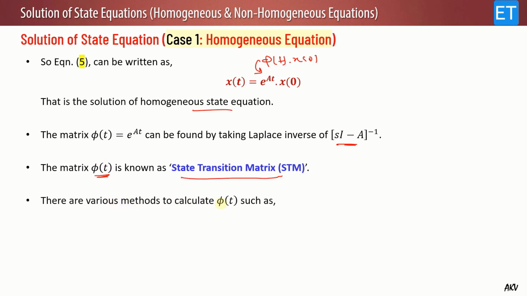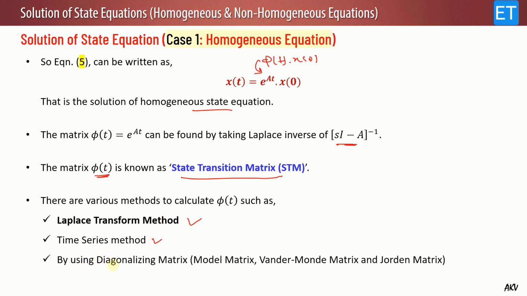There are various methods to calculate this phi(t), such as the Laplace transform method, which we have just seen, the time series method, and methods using diagonalizing matrices, such as the modal matrix, which is made with the eigenvectors of the matrix A, and the Vandermonde matrix.